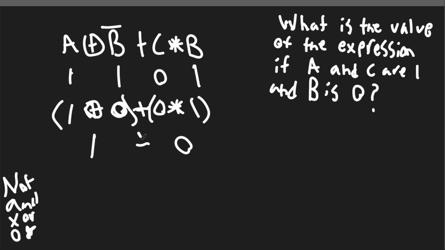And then you have your OR here that we haven't done yet. So this is going to be 1 plus 0, which equals 1. Or you can say 1 or 0, and you're going to end up with 1. Okay? So the value of this expression evaluated with A and C equaling 1 and B equaling 0 is 1.